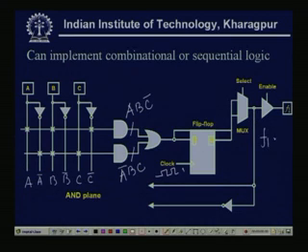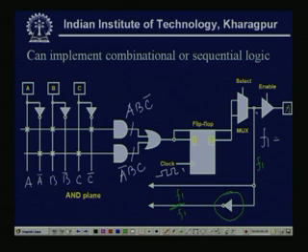Another thing is, if I add an inverter here, see, this is one inverter. So, if it is enabled, we are getting F1, and the function can also be taken as the complement, so F1 as well as F1 complement is possible.